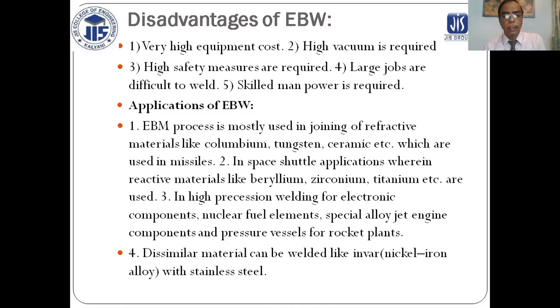It is used in high precision welding for electronic components, nuclear fuel elements, special alloy jet engine components, and pressure vessels for rocket plants. Dissimilar materials can be welded, like Invar, a nickel-iron alloy, with stainless steel.